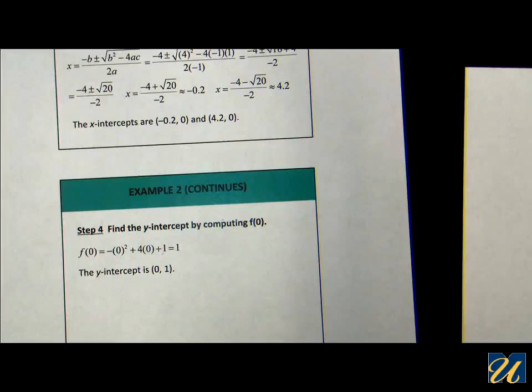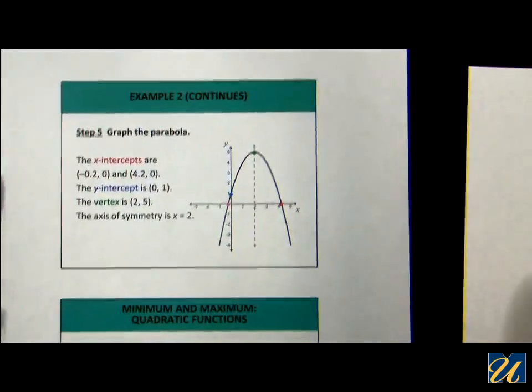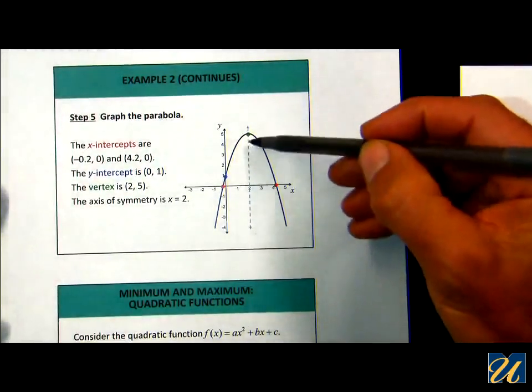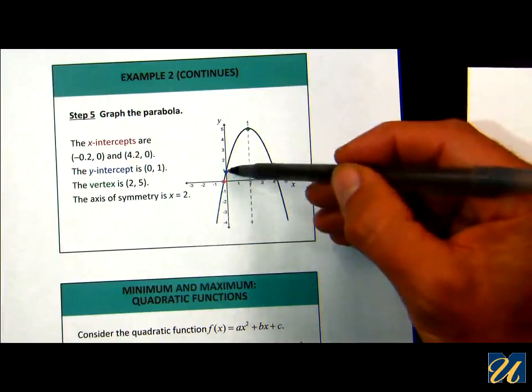Now we'll put all that information together and draw the graph of that parabola. Okay, collecting the information, here's the vertex at 2, 5. We got the y-intercept at 1.